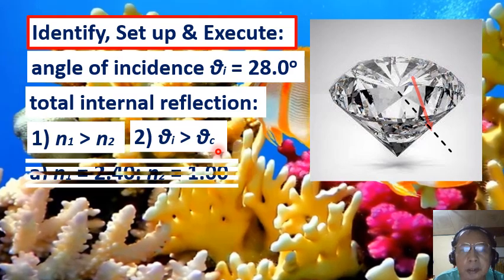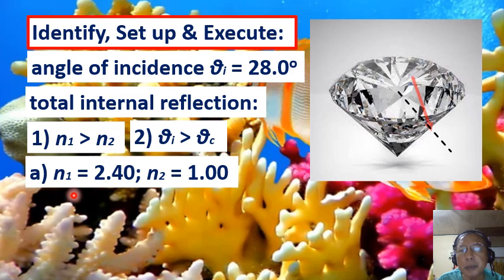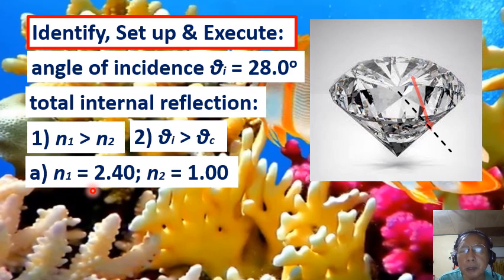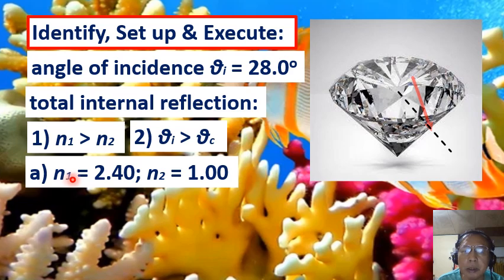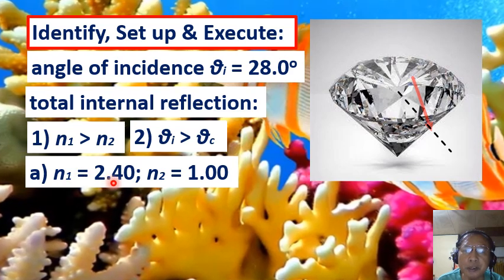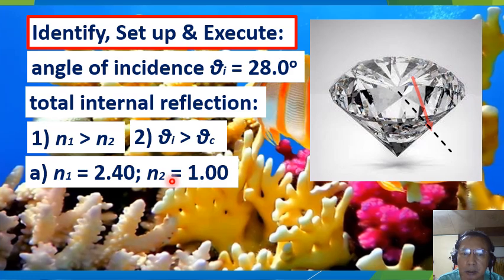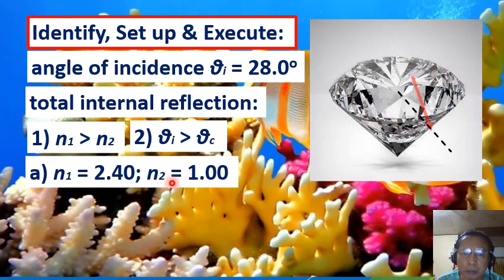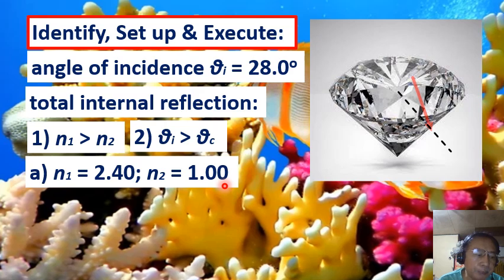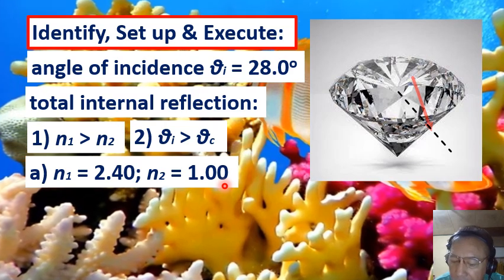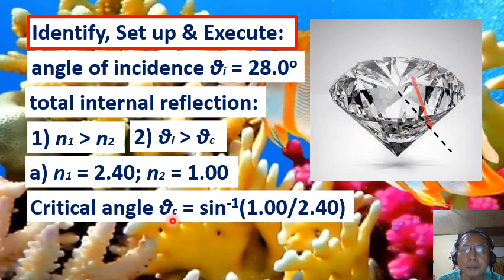And in this problem, we are given the first medium to be the diamond whose index of refraction n sub 1 equals 2.40, while the second medium is air with an index of refraction n sub 2 equal to 1.00. Alright?